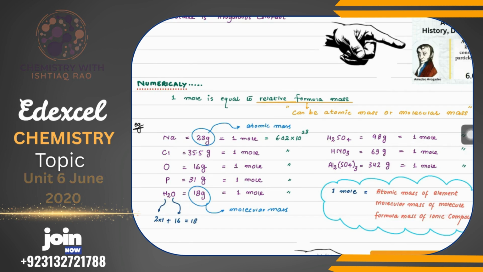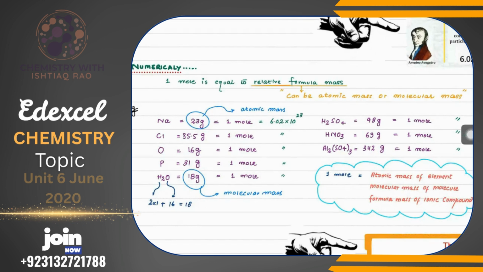Okay. So first of all, you need to know how we are supposed to get 98 from this, how we are supposed to get 63 from this, and how we are supposed to get 342 from this. Once I get these numbers, I would write the grams in front of them, and I would get the moles.